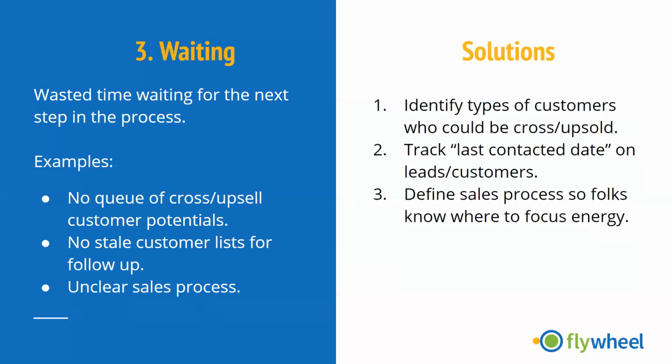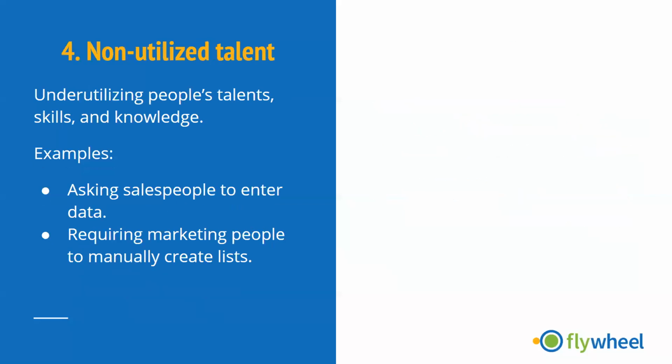Identify customers that can be cross-sold and upsold, create a list of them, track when you've contacted them last, hopefully automatically, and then make sure you define a good process so that sales folks know where to focus their energy, especially if they're stretched.